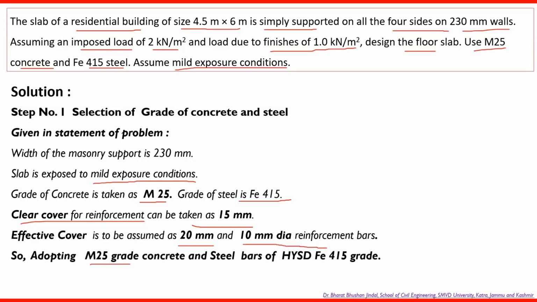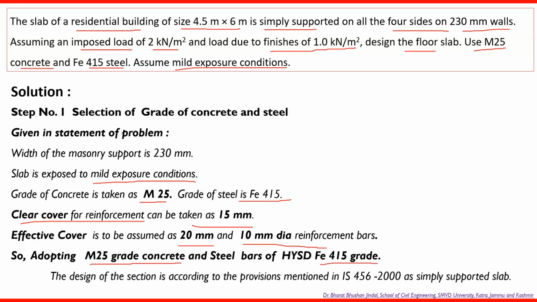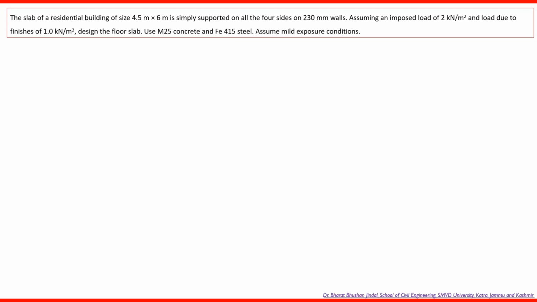So adopting M25 grade of concrete and high strength steel, that is Fe 415 grade, the design of the section will be according to the provisions mentioned in IS 456 2000 version as a simply supported slab, and the method we are going to apply is the limit state design method.